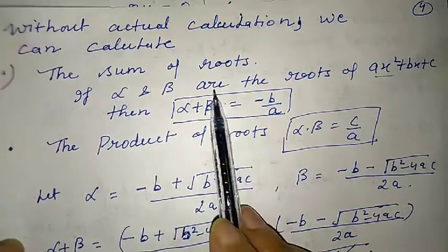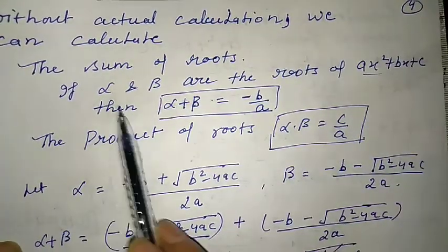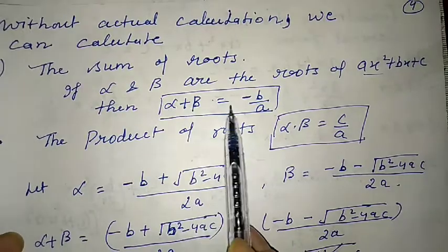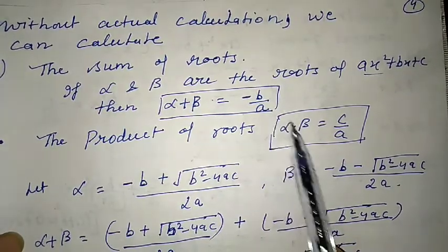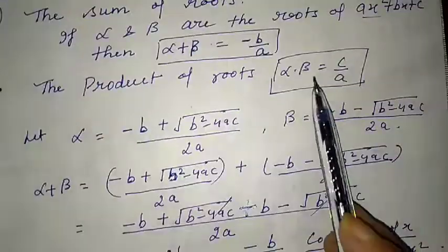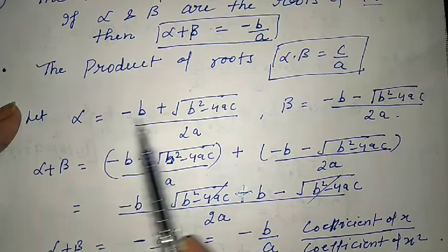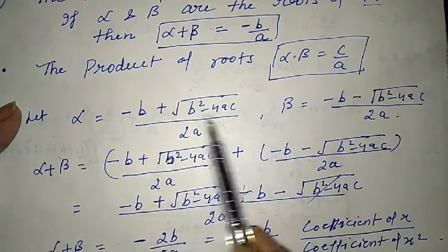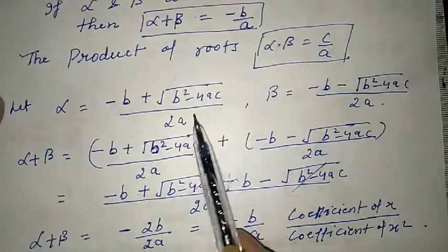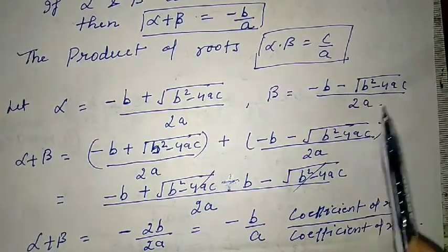If alpha and beta are the roots of ax square plus bx plus c, then alpha plus beta is equal to minus b upon a, and the product is c upon a, that we have read in the previous chapter on polynomials. Suppose alpha is minus b plus under root b square minus 4ac upon 2a, and beta is minus b minus under root b square minus 4ac upon 2a.